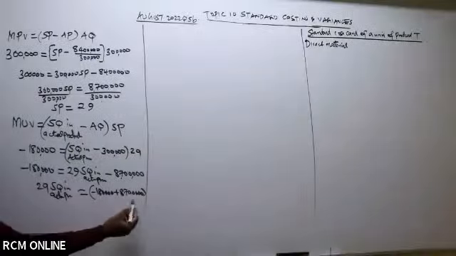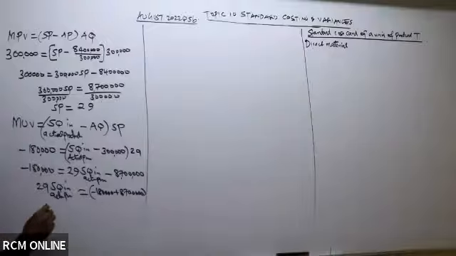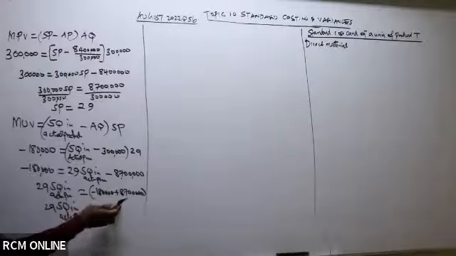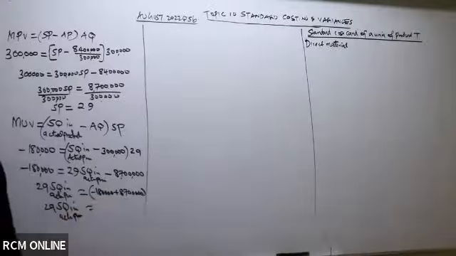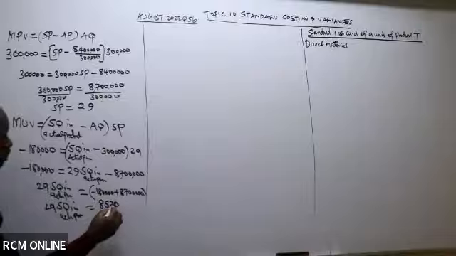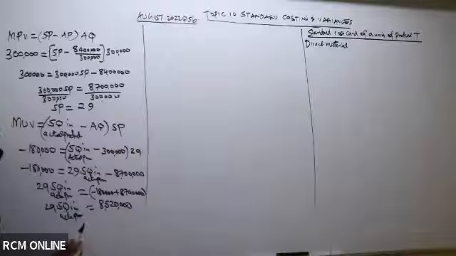Can you get the difference very fast? What are we getting? 8,520,000. So we want to get the standard quantity in actual production.